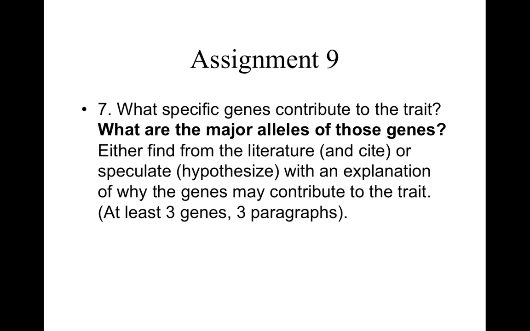The second part of Assignment 9 is to add more information to Question 7 of your term paper. Already in Question 4, you have identified 3 or more genes that contribute or influence your complex trait. Now, I want you to identify alleles in those 3 genes. What are the major alleles of these genes?